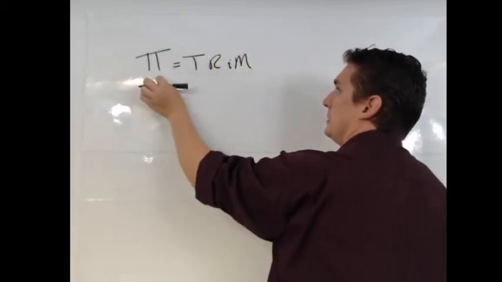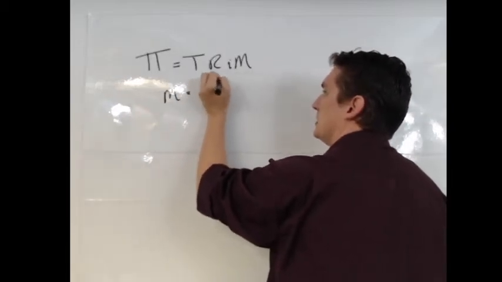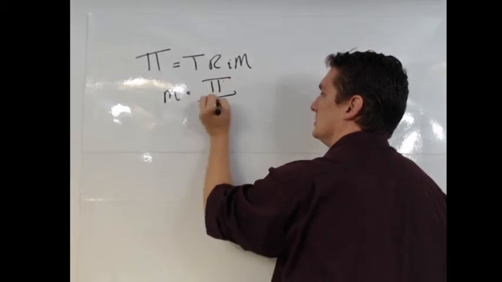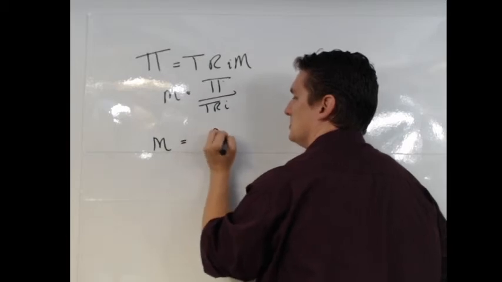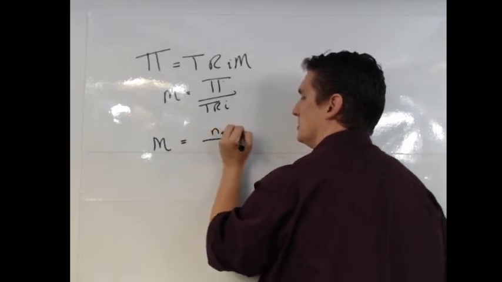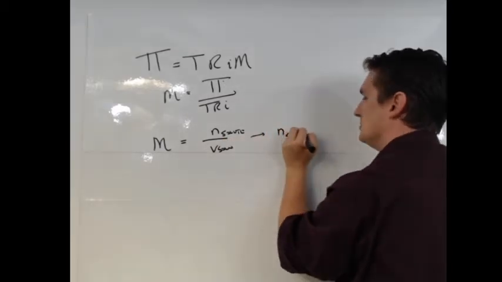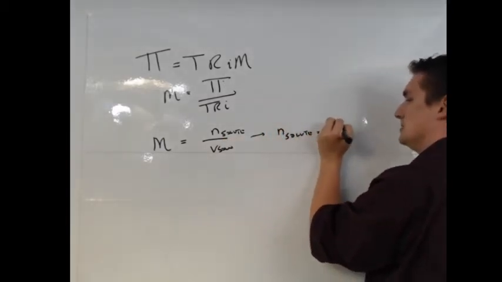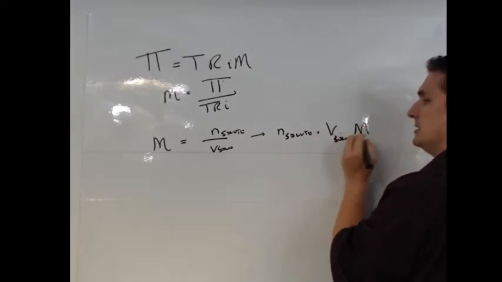If you're given pi, temperature, and i, your molarity is just pi over RT i. Your molarity is also equal to the moles of solute over volume of solution. So you can get your moles of solute just by multiplying the volume of solution by your calculated molarity.